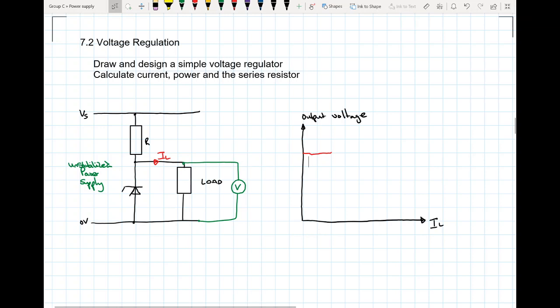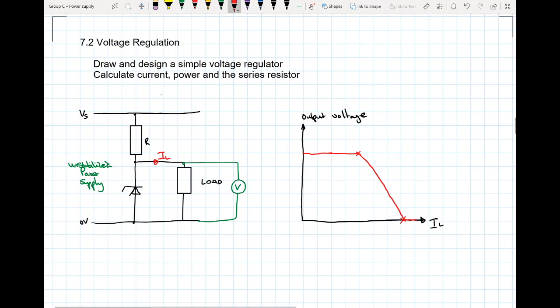So at some point we get to a point where the output voltage starts to decrease as we draw too much current from the circuit.